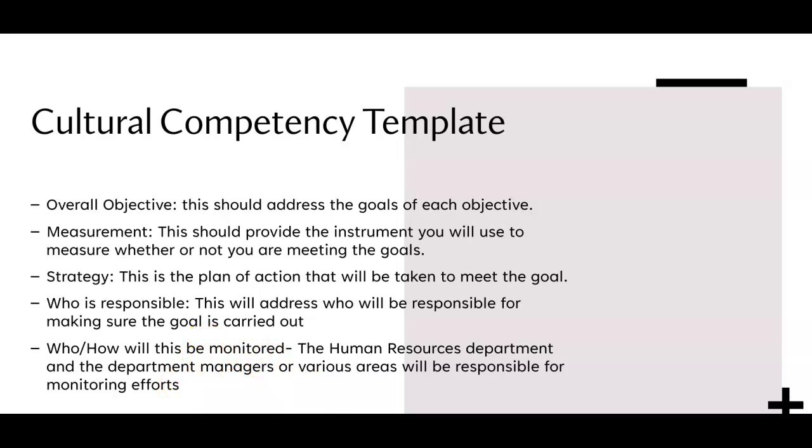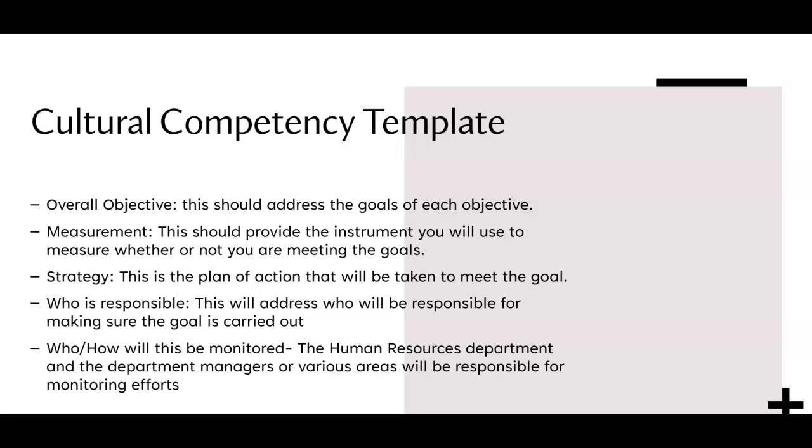Just to be clear, the Human Resource Department usually handles most of the things having to deal with employee training. Since cultural competency is more of a facility-wide initiative, HR normally takes that over, or if the healthcare organization has a training group, a lot of times that training group falls under human resources as well.